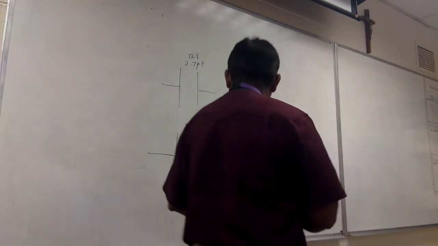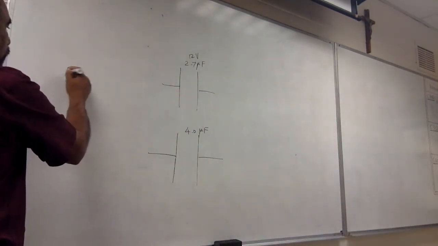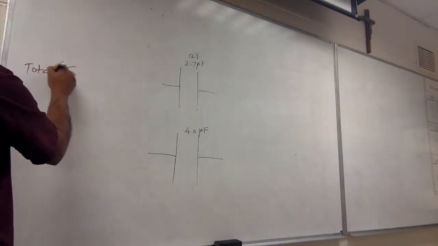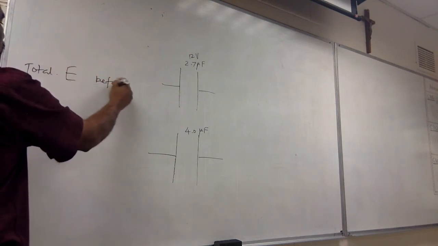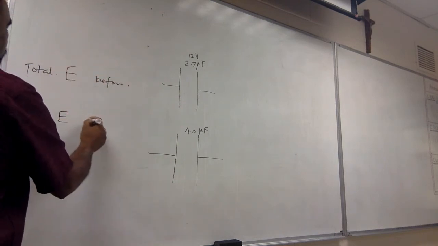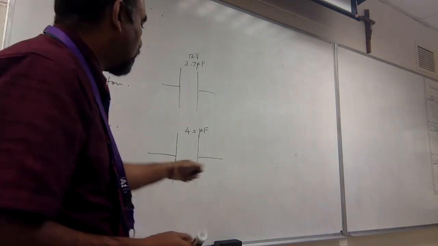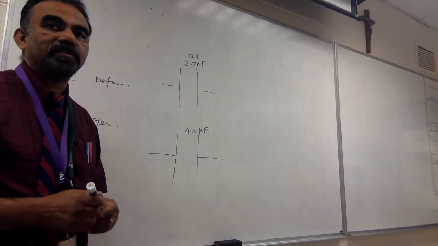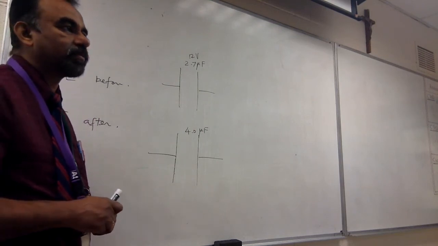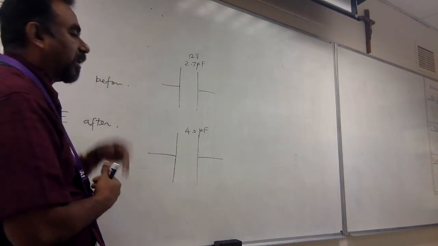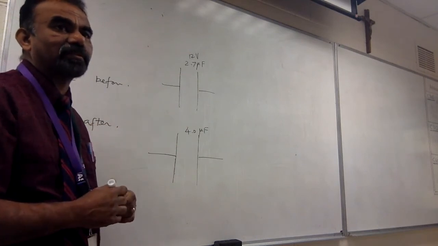So you need to find out the total energy before and after. This is uncharged. What's the potential difference? 0. So find out the total energy before, which is much easier. What is the total energy before?